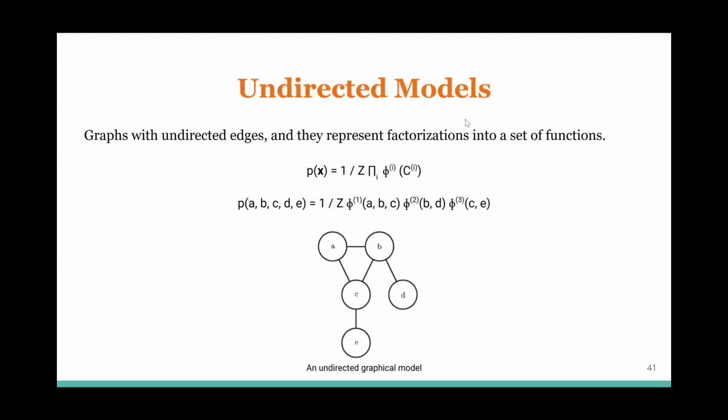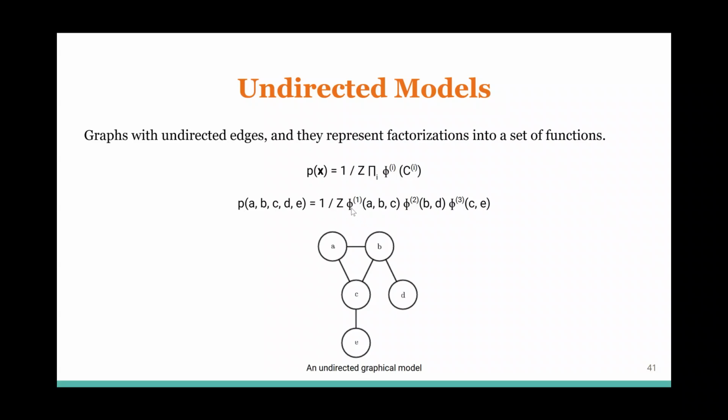For undirected models, there are no directed edges. They're just connected by edges. Any fully connected set is known as a clique. So ABC is a clique, CE can be a clique, and BD can be a clique. When you take that into consideration, the factorizations are represented as a set of functions.